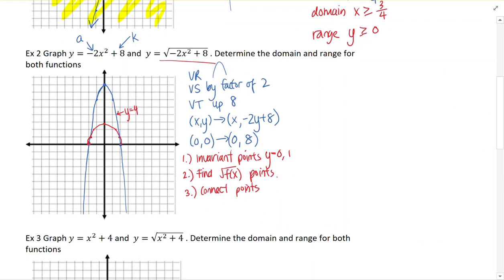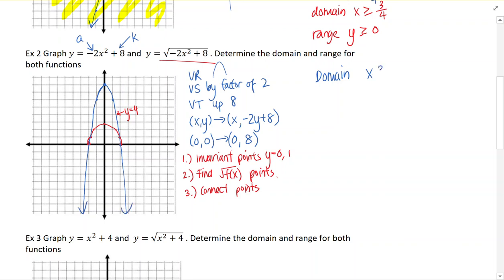All right, next we're going to determine the domain and range of both functions. For my blue graph, the domain, the x values, will be all real numbers.